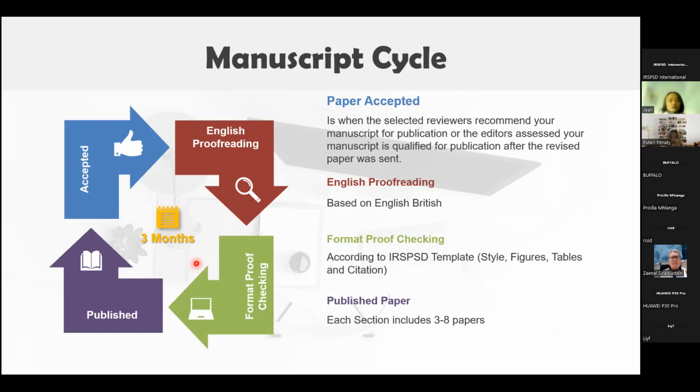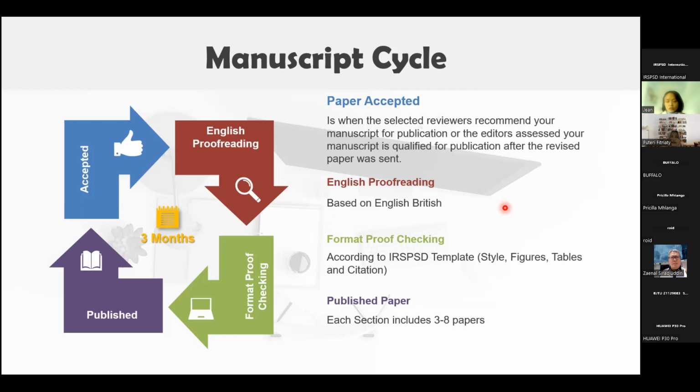After your paper is accepted, and a paper is accepted when the reviewer recommends your manuscript for publication, or the editor assesses your manuscript as qualified for publication after the revised paper is sent.